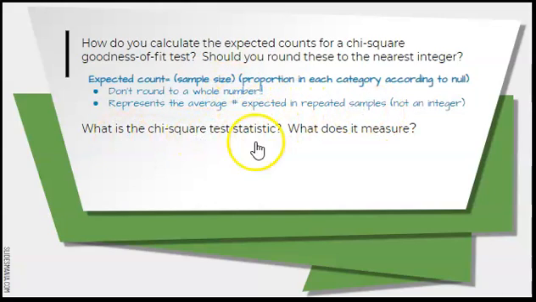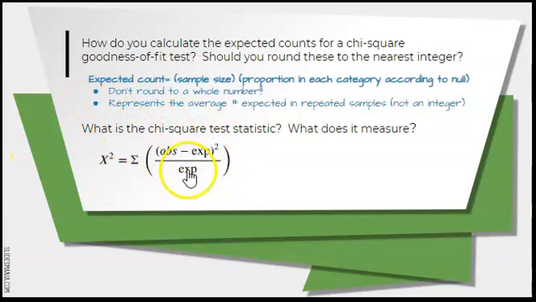Now, what is the chi-squared test statistic? Here's the formula for it. Notice it's a sum. We take the observed number, subtract the expected number, square it, and divide it by the expected number. That's for one category. Then if there's multiple categories, we do the same thing for each category and then add them up.